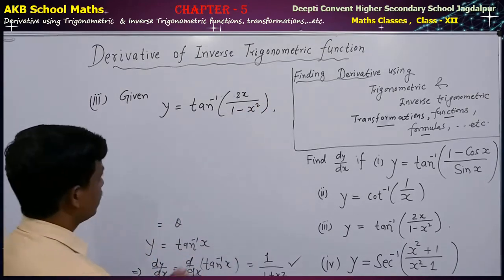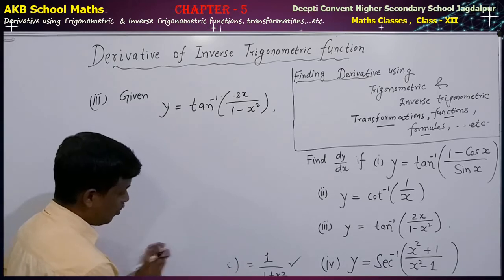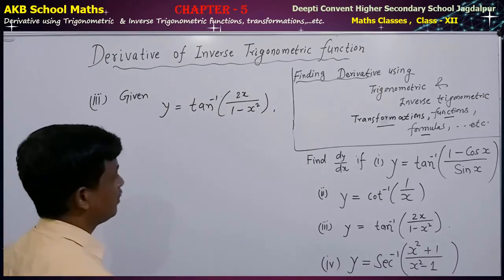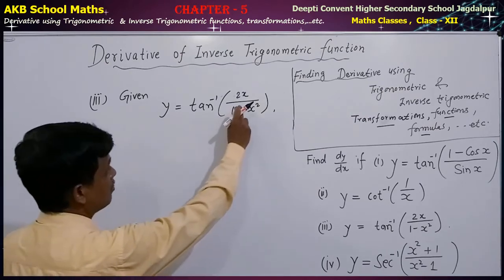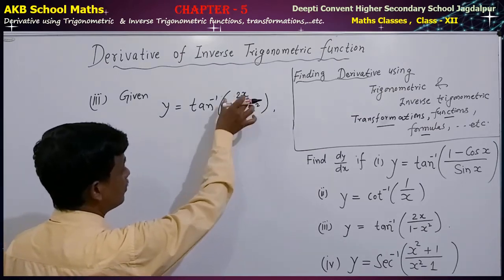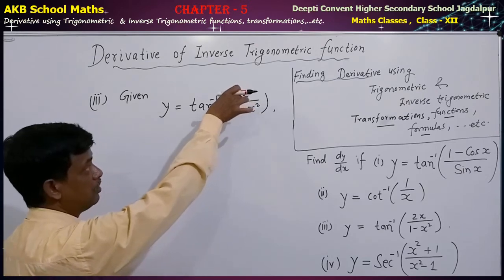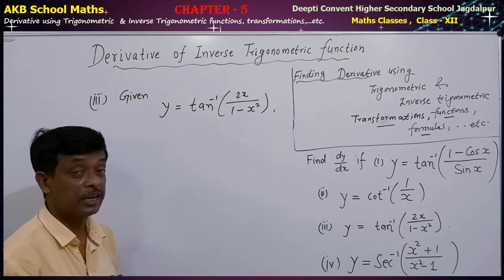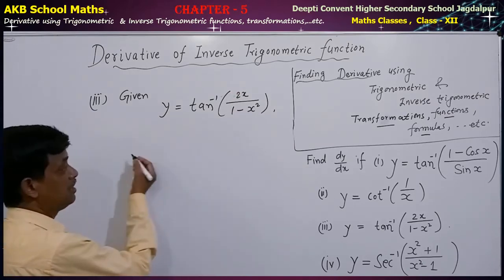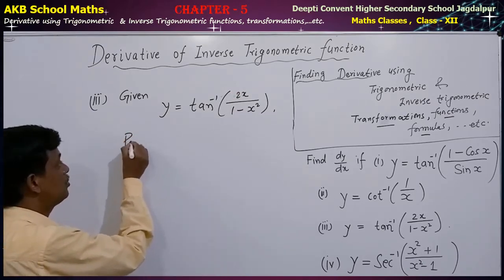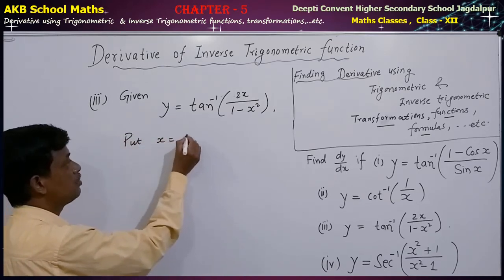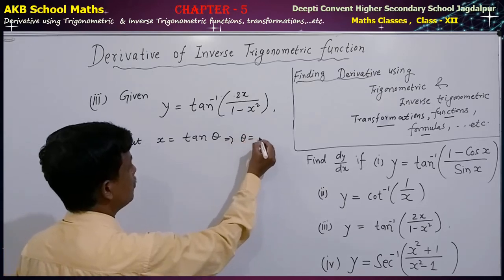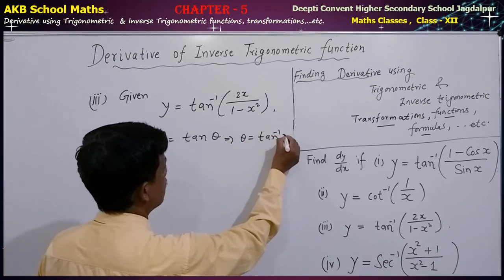You know the formula of tan 2 theta. Here also you are trying to find some tan of a sum. You know 2 tan theta upon 1 minus tan square theta equals tan 2 theta. So here use substitution: put x equals tan theta, that is, theta equals tan inverse x.